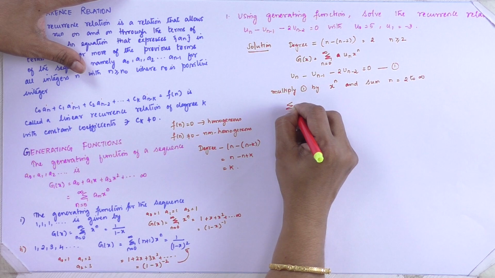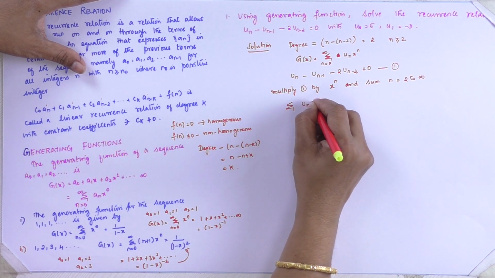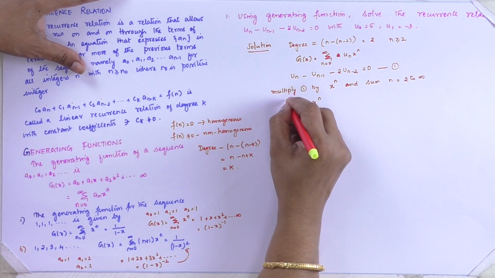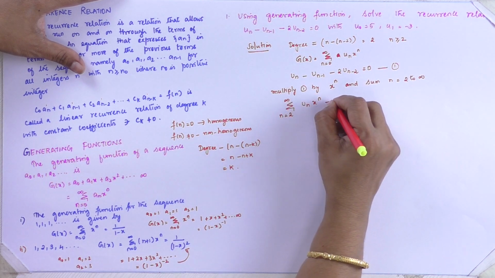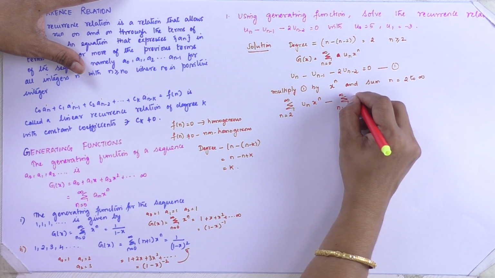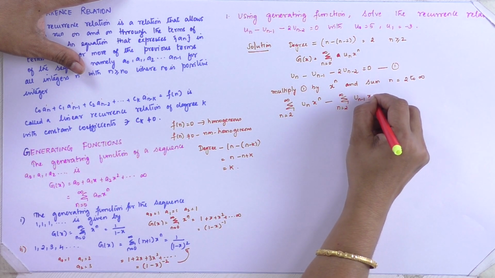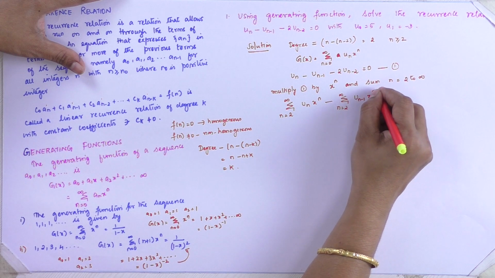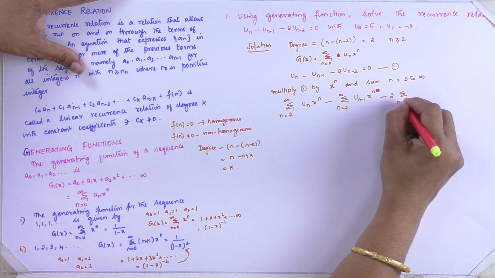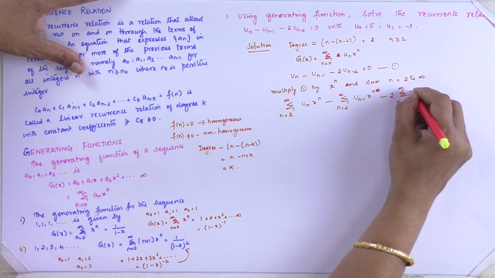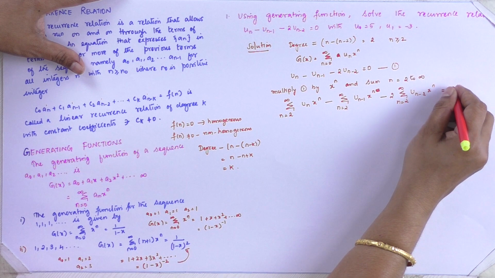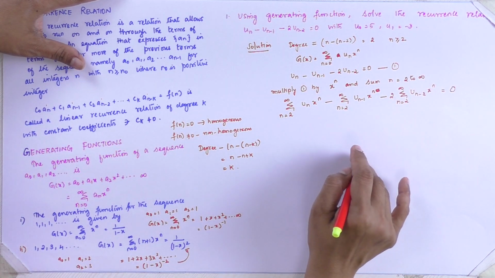So I will be multiplying x power n for each and every term and summing it from 2 to infinity: summation n is equal to 2 to infinity u_n x^n, minus summation n is equal to 2 to infinity u_(n minus 1) x raised to the power of n, minus 2 into summation n is equal to 2 to infinity u_(n minus 2) x raised to the power of n. Since my right hand side is 0, 0 and anything becomes 0.